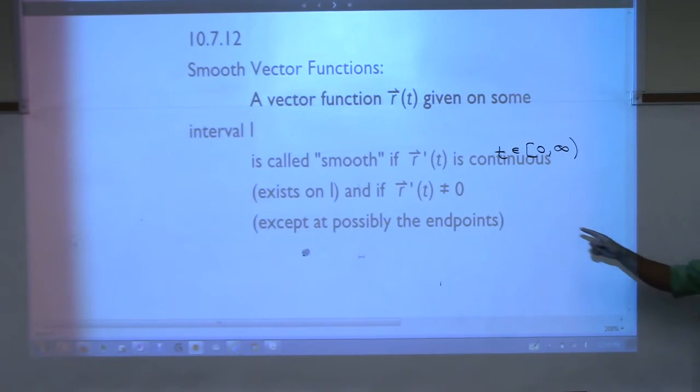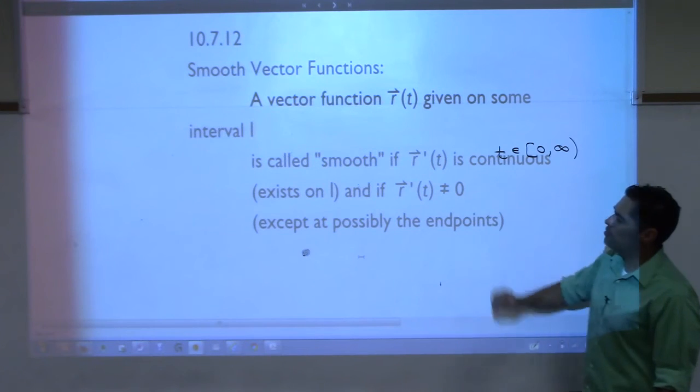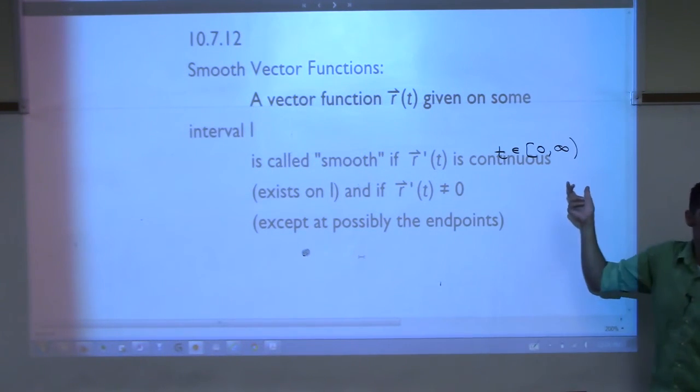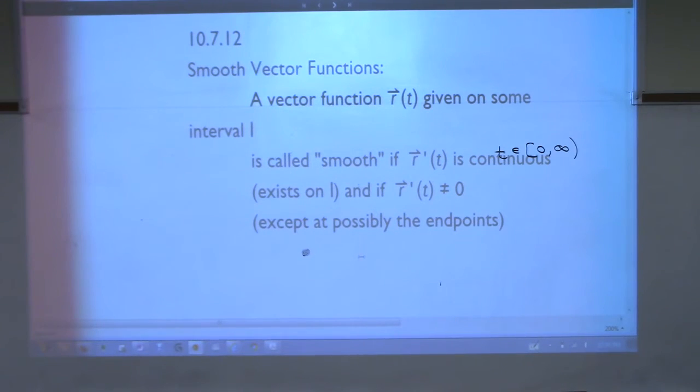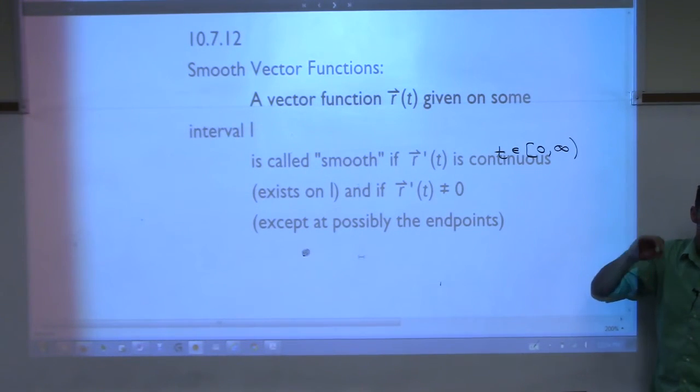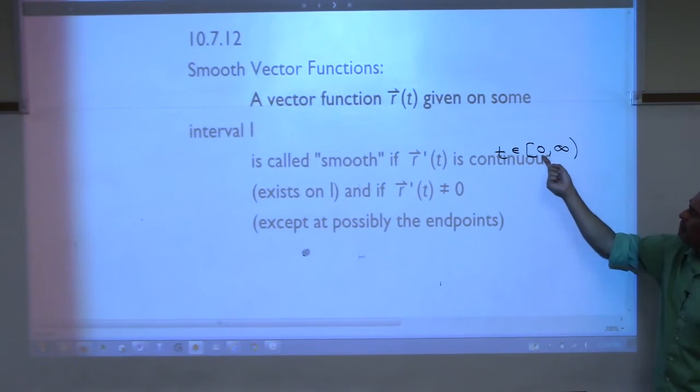Is the derivative continuous on this interval? So can you actually take the derivative and plug in all these numbers? Go back and look at the derivative. Could you plug in 0 into the derivative? Yes, right? The derivative was never undefined. It always had nice numbers: cosine and sine and then t. So it's possible to plug in 0.